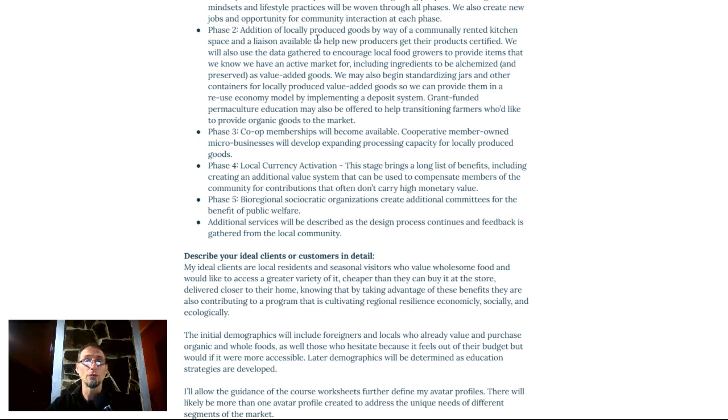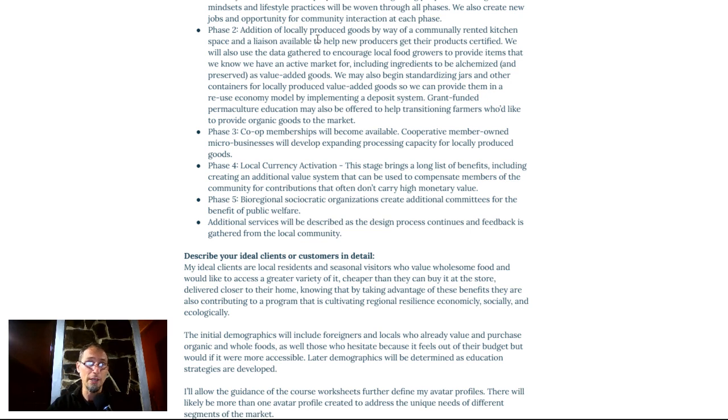We also use data gathering to encourage local food growers to produce items that we know we have an active market for, including ingredients to be alchemized and preserved as value-added goods. We may also begin standardizing jars and other containers for locally produced value-added goods so we can provide them in a reuse economy model by implementing a deposit system.